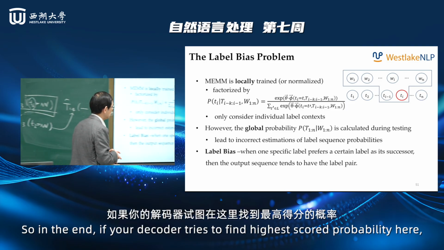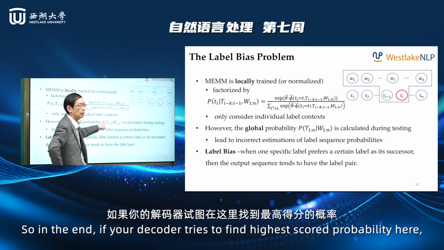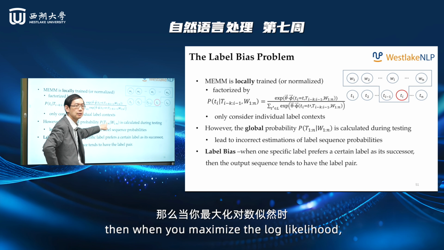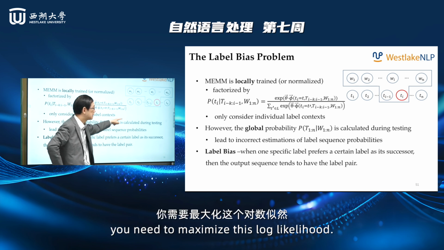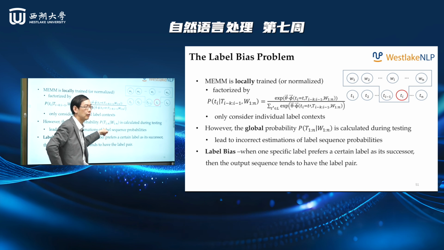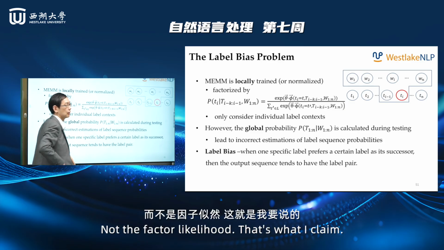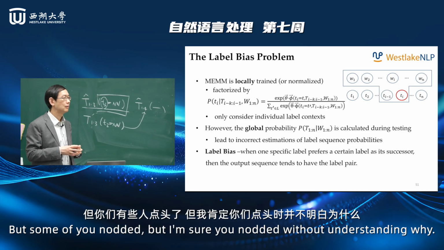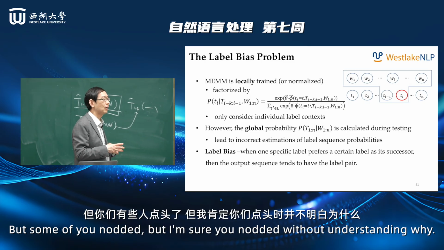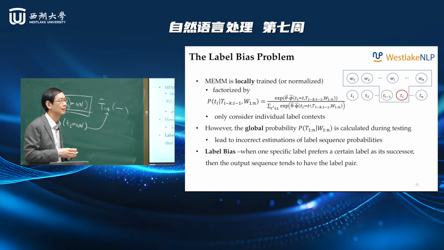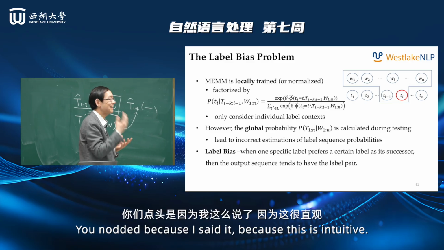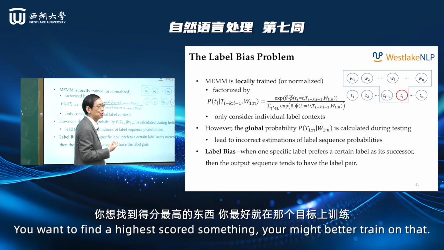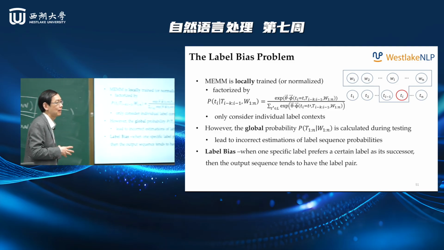If your decoder tries to find a high scored probability here, then you need to maximize this sequence log likelihood, not the factorized likelihood. That's what I claim. Some of you nodded, but I'm sure you nodded without understanding why. You nodded because I said it, because this is intuitive. You want to find the highest score for something, so you want to train on that.